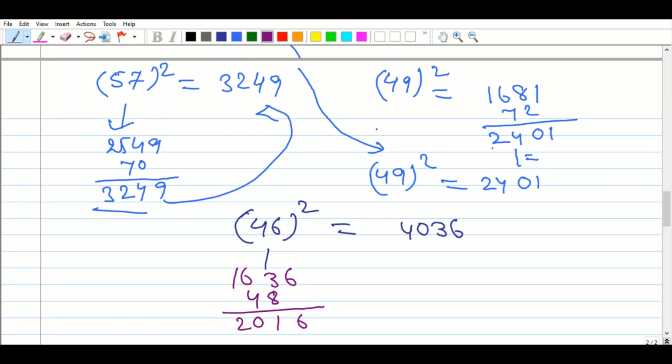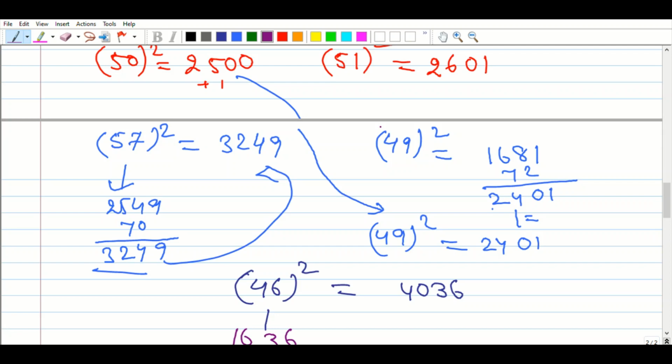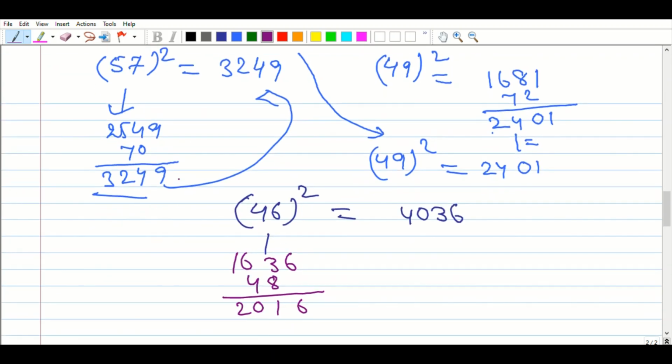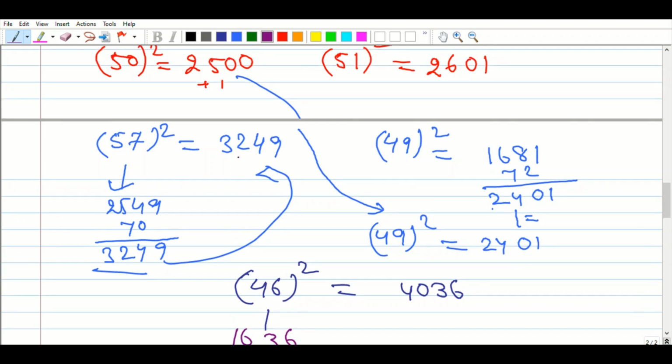There is a mistake because we will subtract from 25. Is it clear? And here 2016. Now, sir, we can write 36 here. But sir, 25 minus 4.